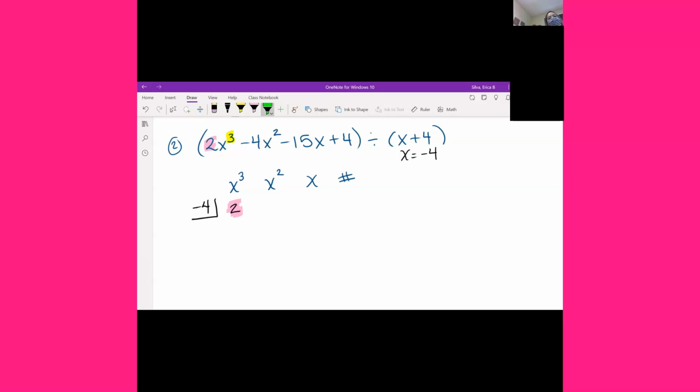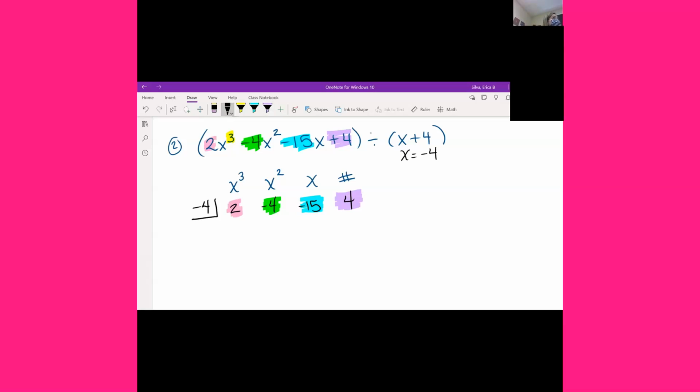What's the coefficient of x squared? -4. The coefficient of x, I'm out of colors, -15. And then my constant, +4.